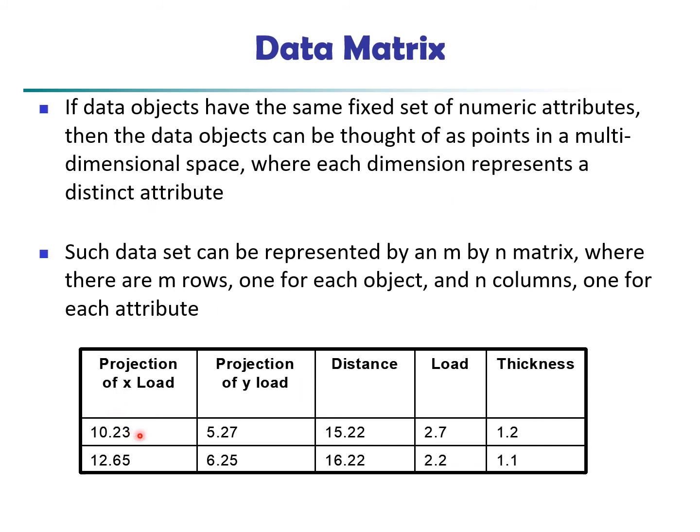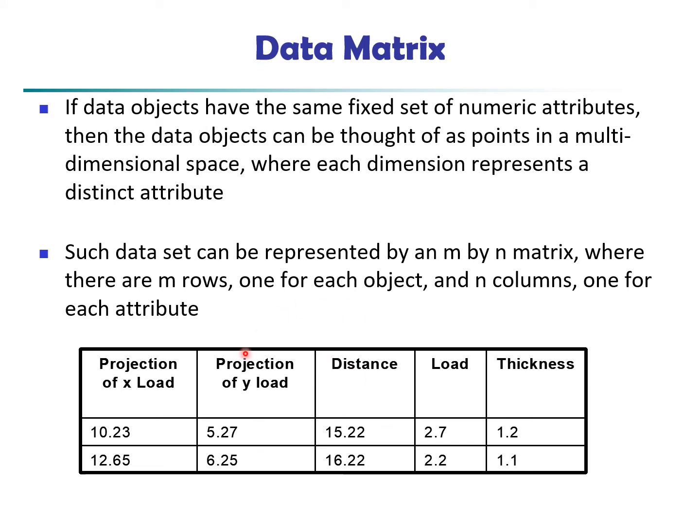So if you have an entire record that consists of numbers, this means that it can be represented in a multi-dimensional space. And this space will be represented by an M by N matrix, where M is the number of rows, which here is 3, and N is the number of columns, which here is 5.